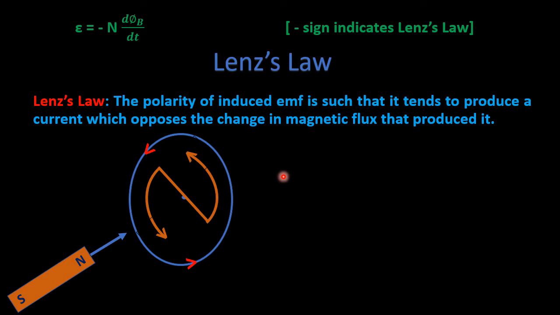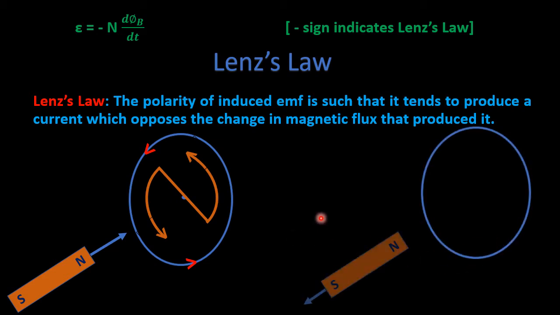Now similarly, if the north pole is moving far away from the coil, what happens to the direction of the induced EMF in the coil? So here let us consider another coil and a bar magnet where the north pole is moving away from the coil. If the north pole of the magnet retreats away from the coil, then the magnetic flux linked with the coil will decrease.